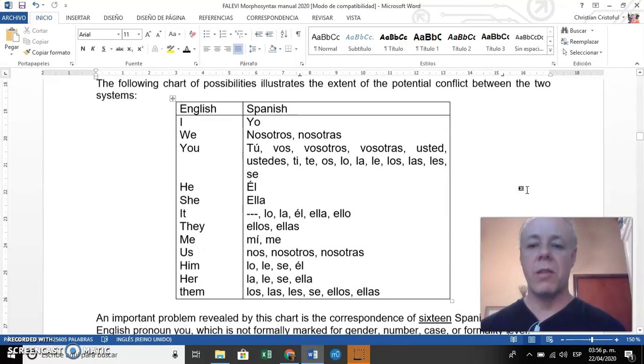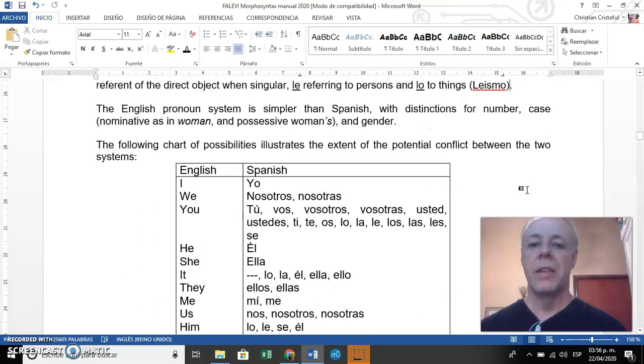The English pronoun system is simpler than Spanish, with distinctions for number, case, for example, nominative case, meaning that woman is a subject. Nominative means it's a noun marker, woman.